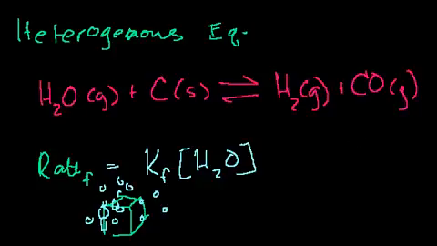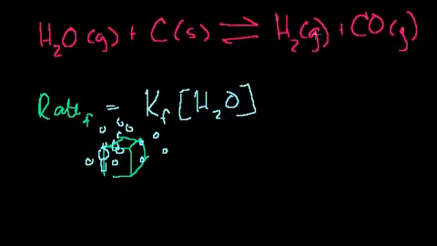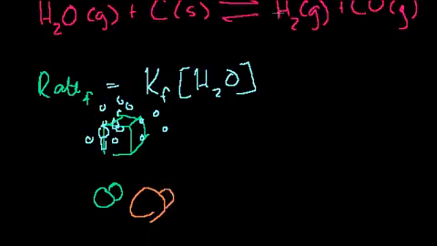And of course the backwards rate, so you need to get some H2 molecules, let me draw it like that because it has two hydrogen atoms, and then plus a carbon dioxide, so maybe carbon dioxide looks like that. So the reverse reaction rate is going to be equal to some constant times the probability of finding both of these molecules in the same place.